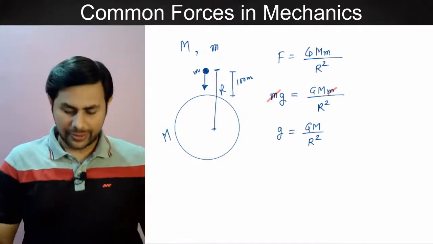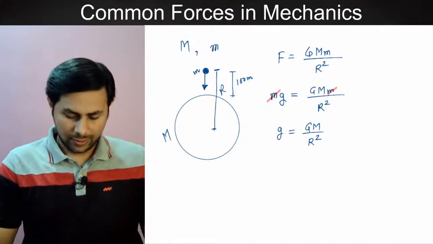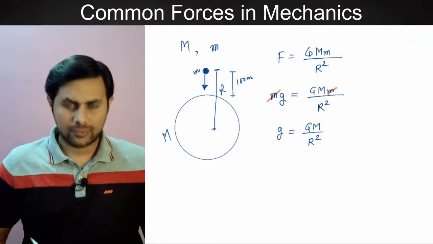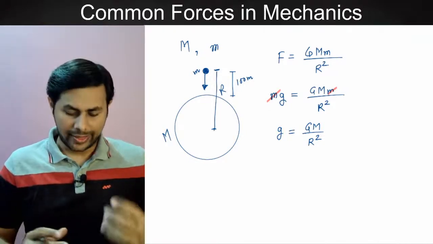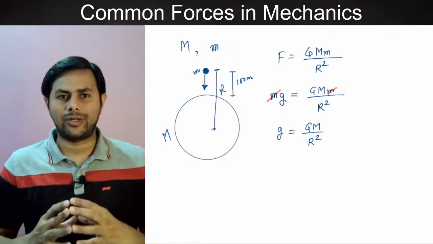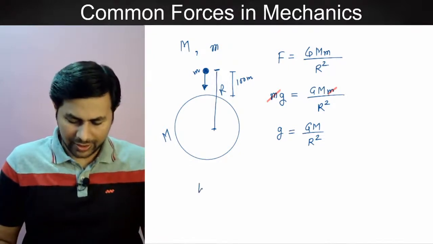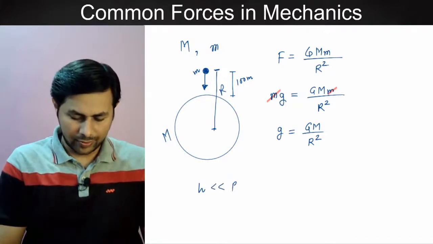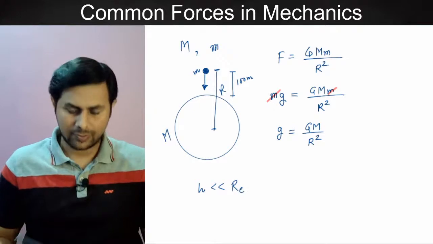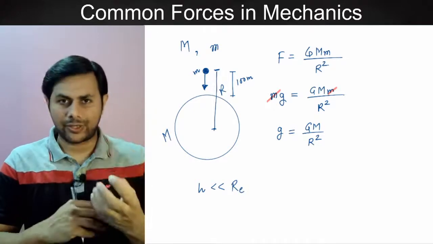Okay, let me answer this. So, in problems involving heights which are very small compared to the radius of Earth, so if h is very small compared to Earth's radius, the distance is not changing that much.